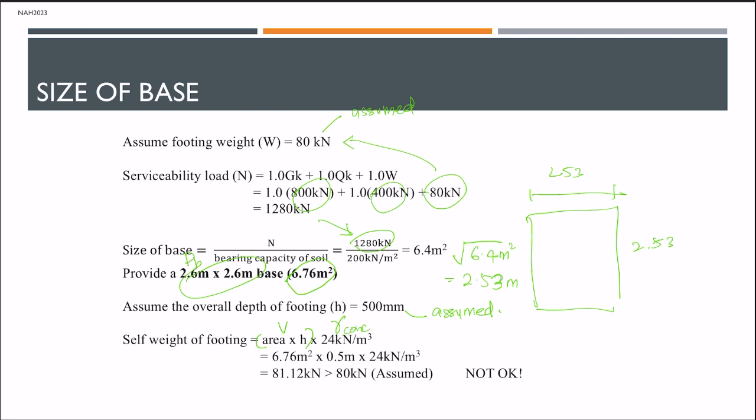You have to memorise it. So 6.76 the area, times the height we assumed earlier, which is 500 mm, converted to 0.5 meter, times 24 kilonewton per meter cube, and you get 81.12.